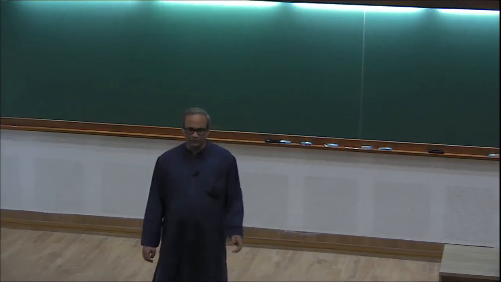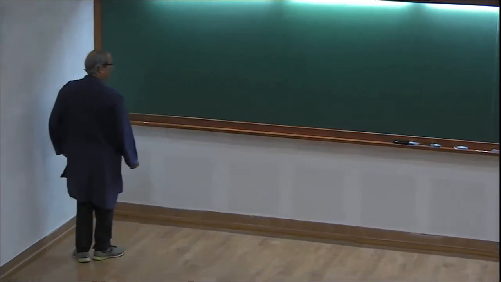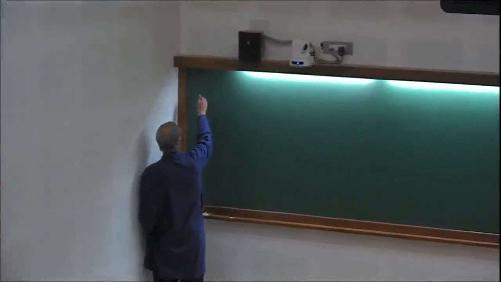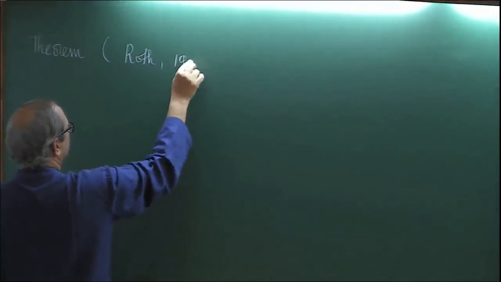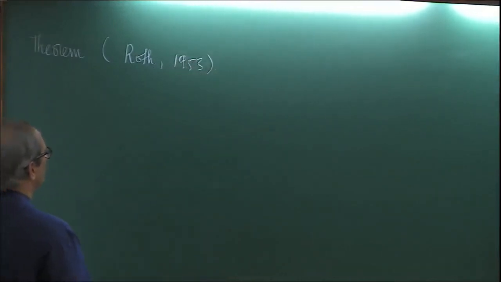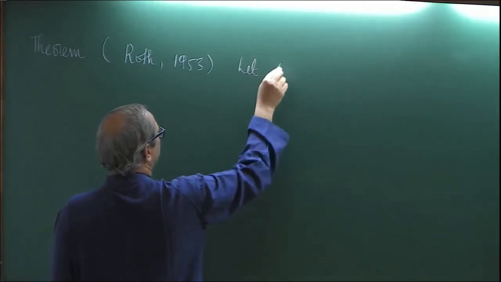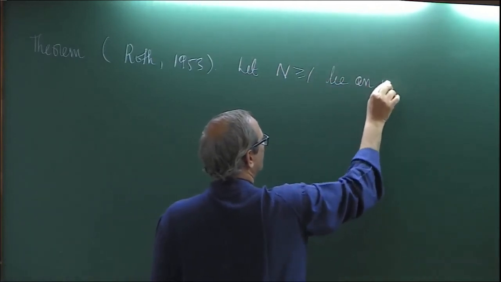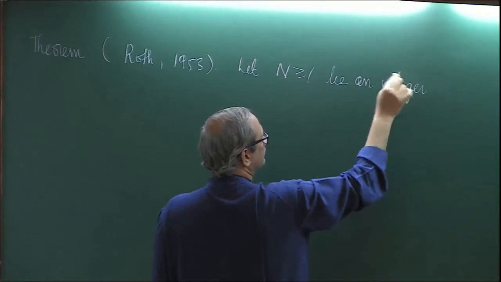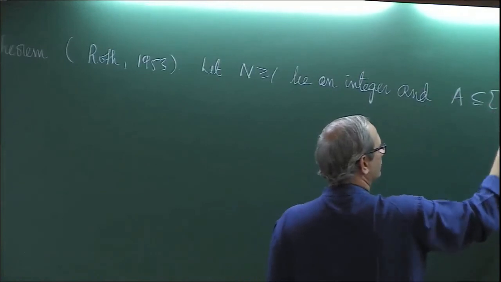So we take up Roth's theorem, and let me state it for you again in the forms that we had. So this is the theorem of Roth from 1953. Let n greater than or equal to 1 be an integer, and A be a subset of 1 to n.